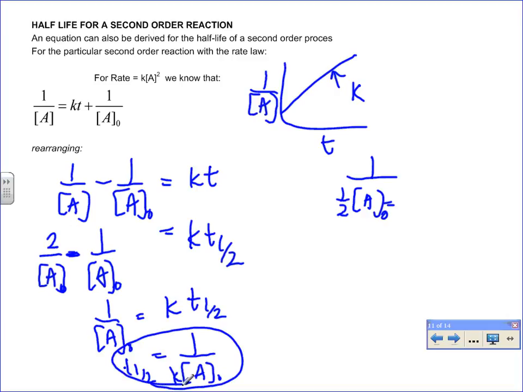So this is our relationship. Okay, so if you're comparing zero to first to second order, what's important is to understand the relative dependency on the rate constant and the initial concentration. So for a second order reaction, it's inversely dependent on both the rate constant and the concentration.